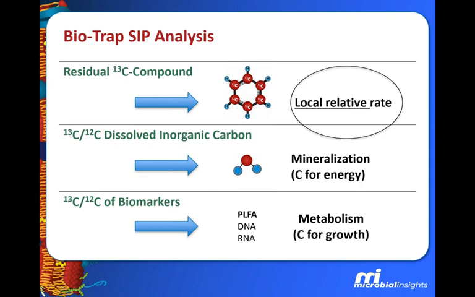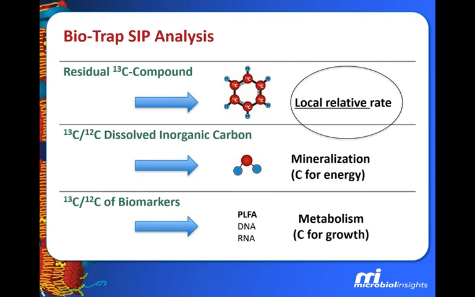This is a potentially useful piece of information for you, in that if you are deploying Bio-Traps in multiple wells at a single site, the amount of loss of that compound can give you an idea of the relative rates of degradation of that compound at your site. Now, don't get excited. You cannot get a rate constant from this.